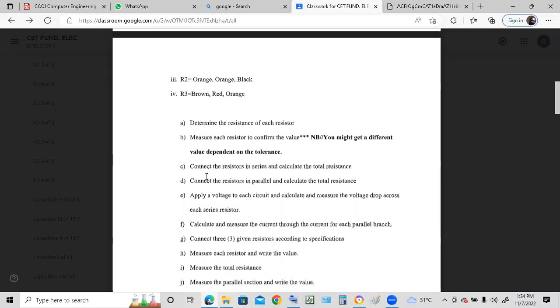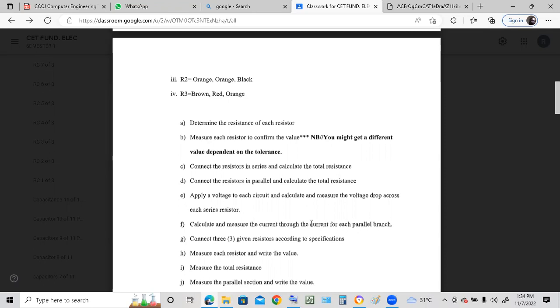Connect the resistors in series and calculate the total resistance. We practiced that in class already. Connect resistors in parallel and calculate the total resistance. We practiced that as well. Apply a voltage. I don't think we did put any voltage on it. We never put any voltage on it, so we couldn't see the current and the voltage drop. Calculate and measure the current through the resistor for each parallel branch.